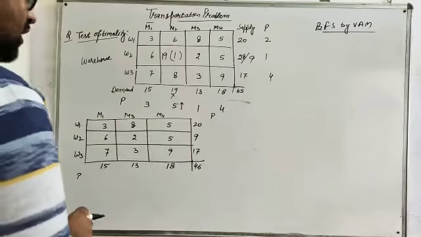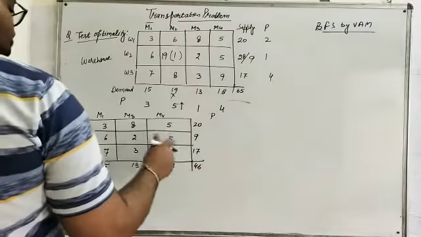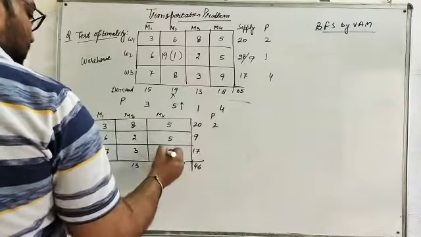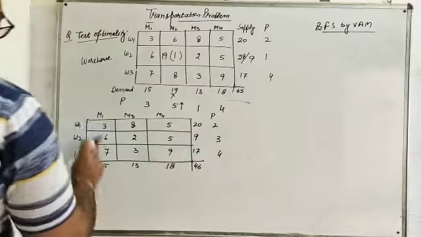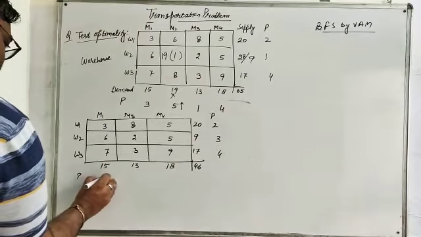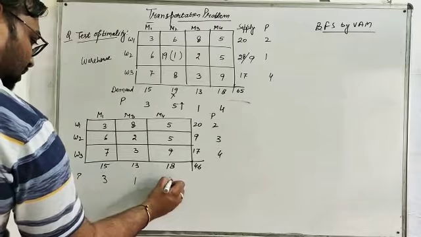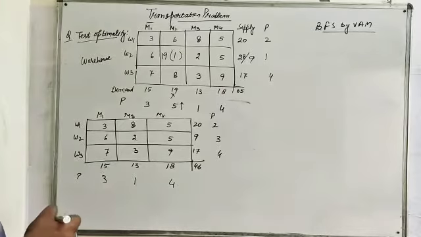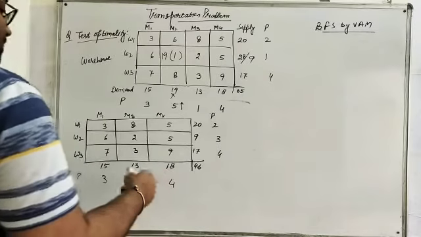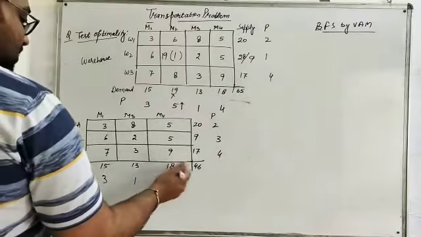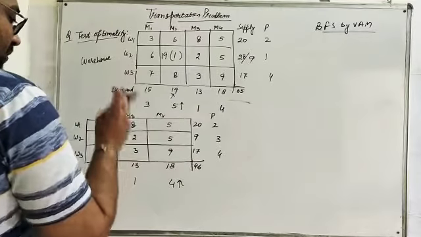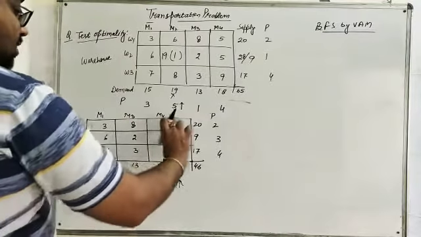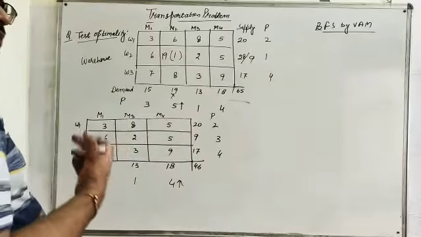For this, again calculate penalties for each row and column. The penalty for the first row is 2, for the second row is 3, third row is 4 and for the columns 3, 1 and 4. So the maximum penalty is 4 and it is at two places. So we have to select the penalty which has the maximum demand or supply. The maximum demand is 18. So we have to fulfill this 18 onto these two elements 5 and 9. 5 is at 2 places, so which 5 do we select?